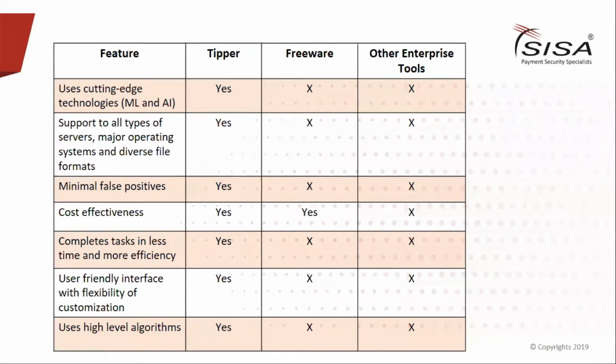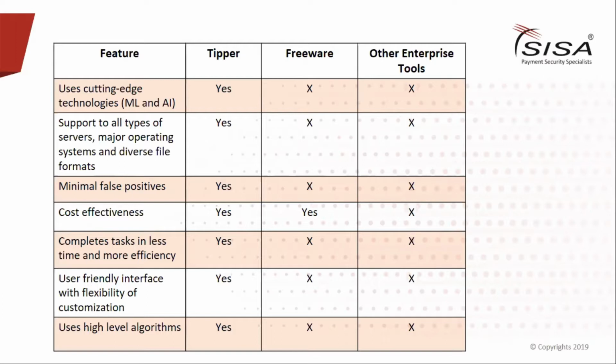Based on continuous learning of ML and AI, we have minimized the false positives which most tools give you. Our tool gives 70 to 80% fewer false positives as compared to other tools in the market. It's cost effective as well. It completes tasks in less time and with more efficiency.